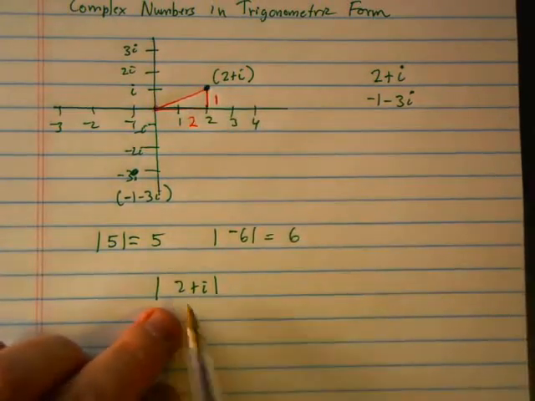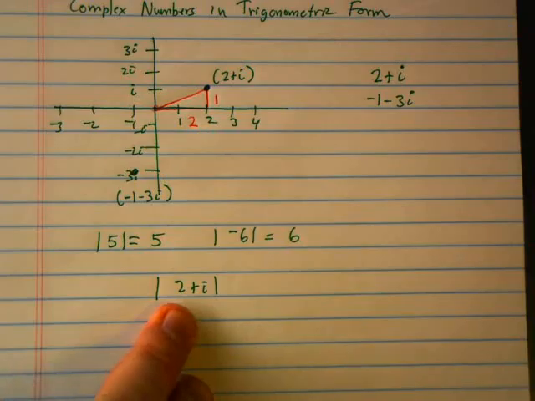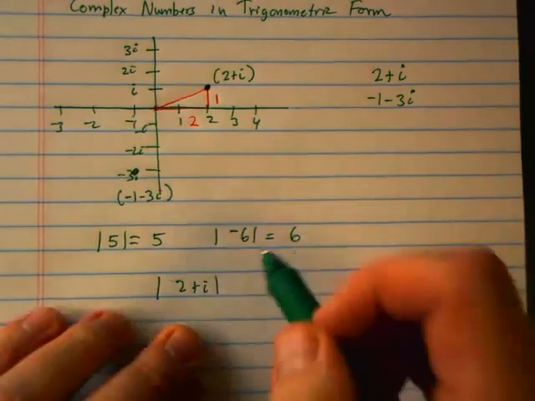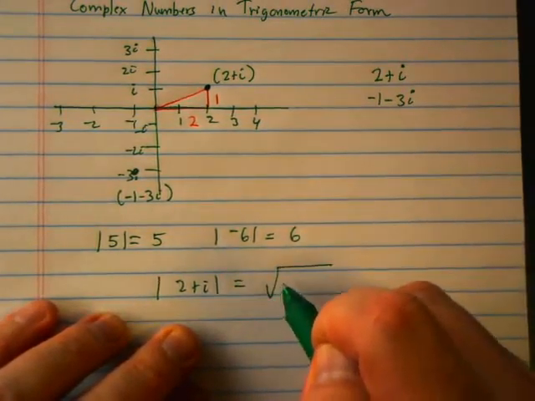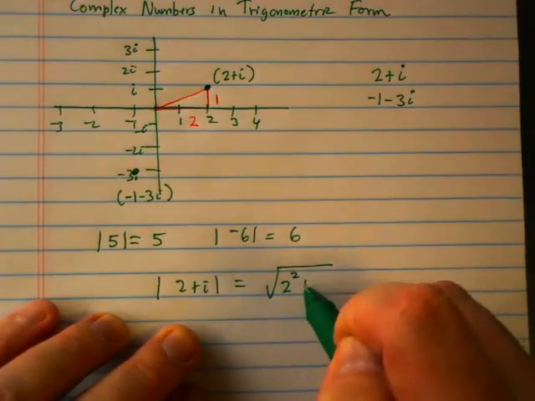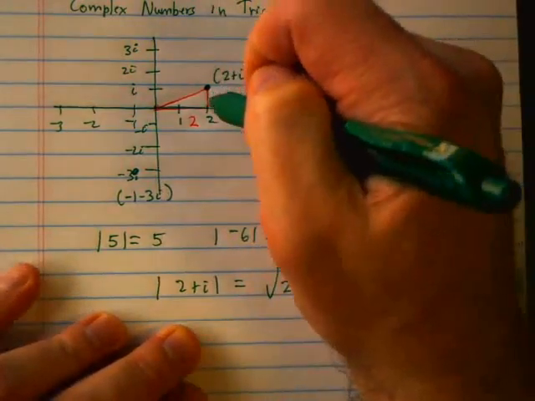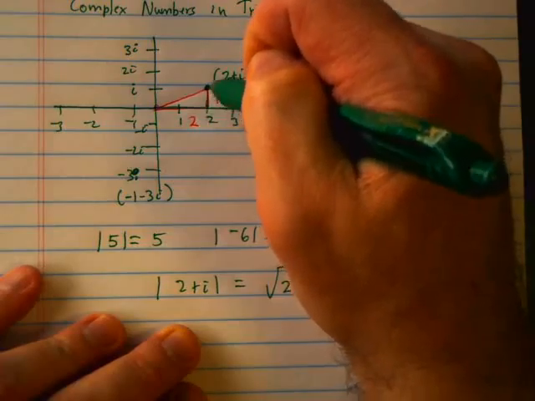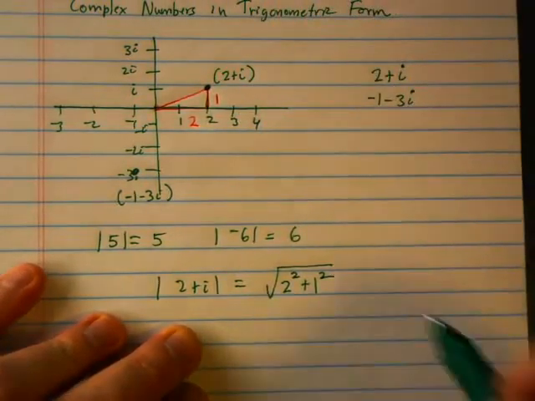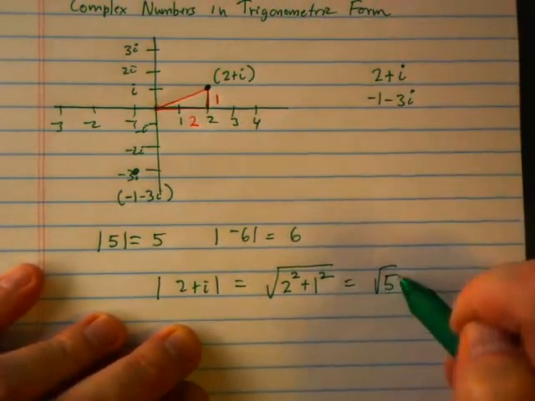So what's the absolute value of 2 plus i? Not a nice number. Square root of 3. Bigger than square root of 3. Square root of 5. It would be the square root of 2 squared plus 1 squared, because this length is a distance of 1. So it's just the square root of 5.